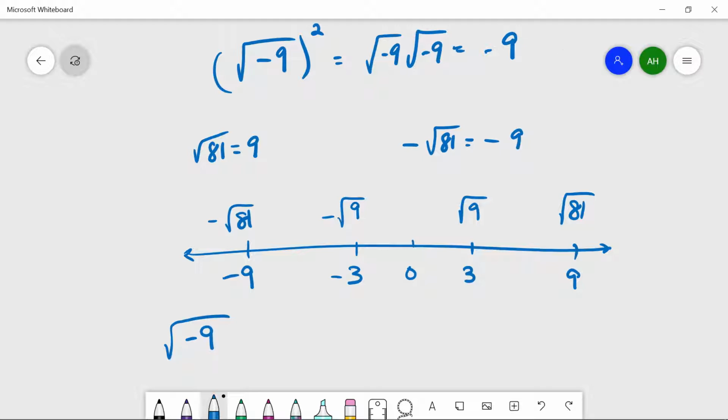There is no number that I can square and get negative 9. There's no number that I can multiply by itself and get negative 9. There's no such number.